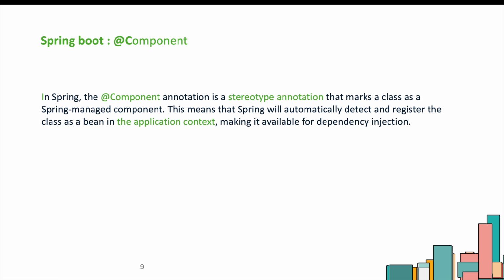It will search, create an object for those components, and make them available in the application context. So through the application context, we get all the beans. Beans are nothing but objects for the components. A class with the @Component tag can be called a component.